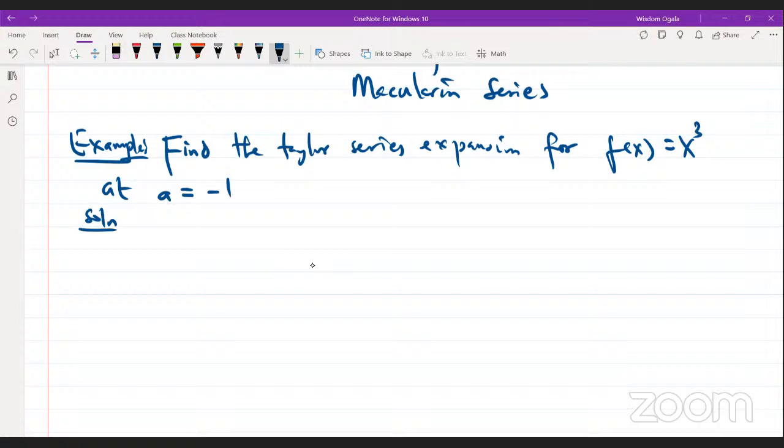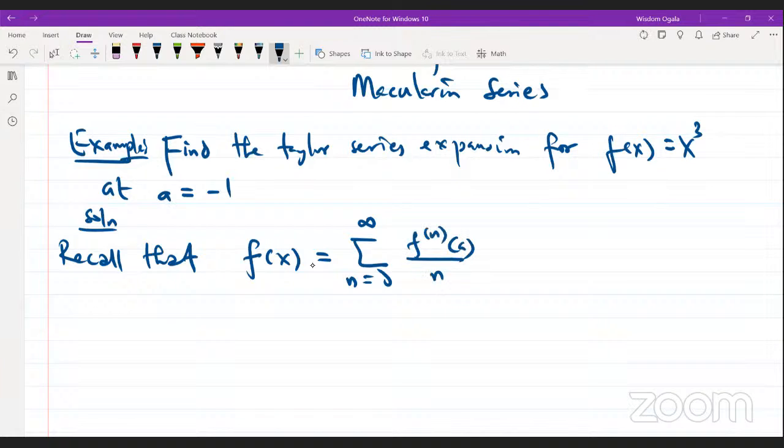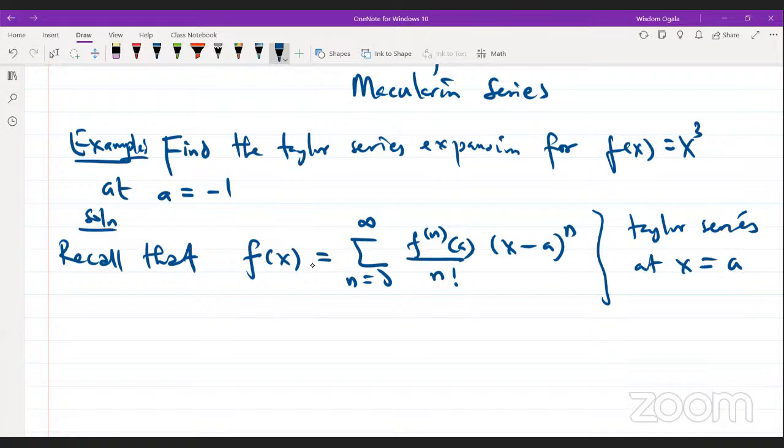Solution: recall that for the Taylor series at x equals a, f of x is given by this series, f to the n of a over n factorial times x minus a to the n. This is really what we call the Taylor series at x equals a. Now, in this case, my a is -1. So I'm interested in when this guy here is -1 and when this guy here is -1.